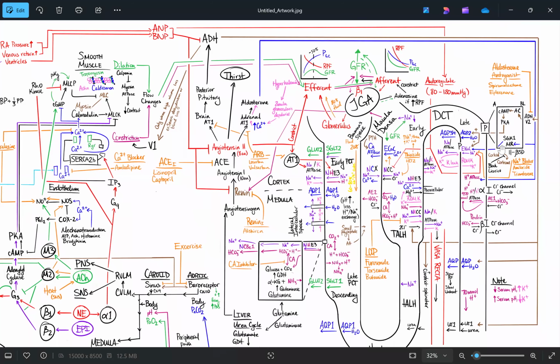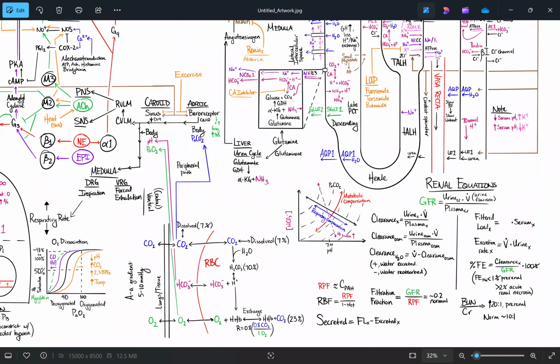Speaking of, if we want to go down, there's a graph about, well, before I talk about acid-base balance a little more, here's a bunch of renal equations that you're supposed to know. I don't know these really super well off the top of my head, but you should be able to know the relationship of urine and plasma, and how using those equations can calculate how fast you are filtering things using your creatinine as your analog.